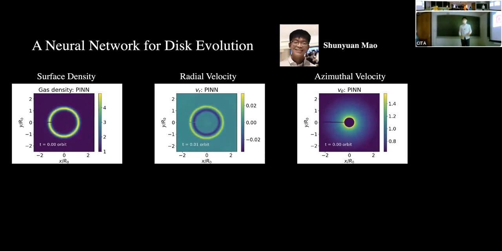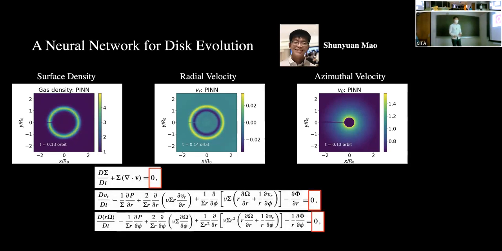Instead, in this case, we try to teach the neural network physics. So whenever the neural network produces an outcome, we ask it, do you think your solution obeys physical laws? That means if you plug your solution into those 3 equations, do you get 0 on the right-hand side? If you don't get 0 on the right-hand side, that means your solution does not obey physical laws.